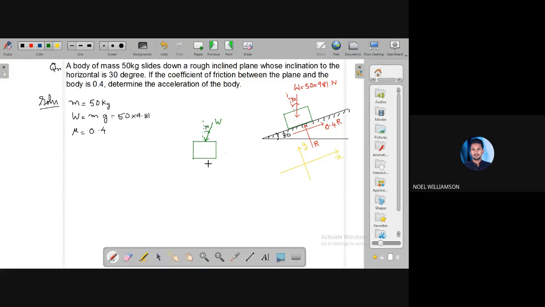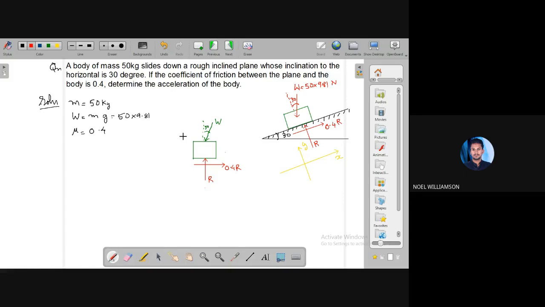Then this is the normal reaction, and the frictional force, which is 0.4 R. This is W.